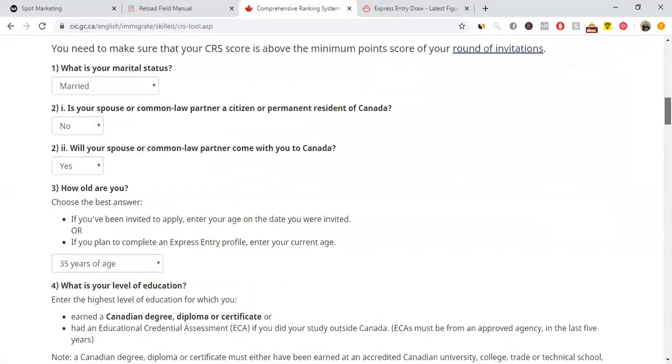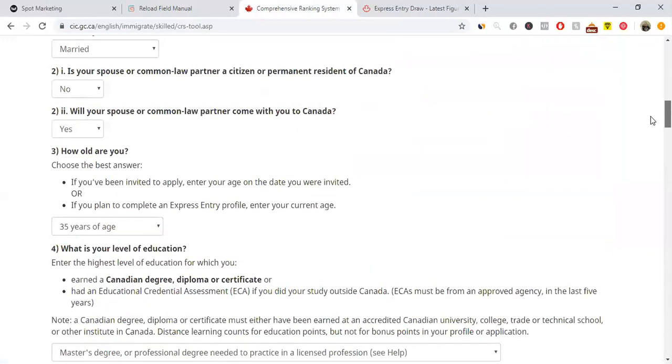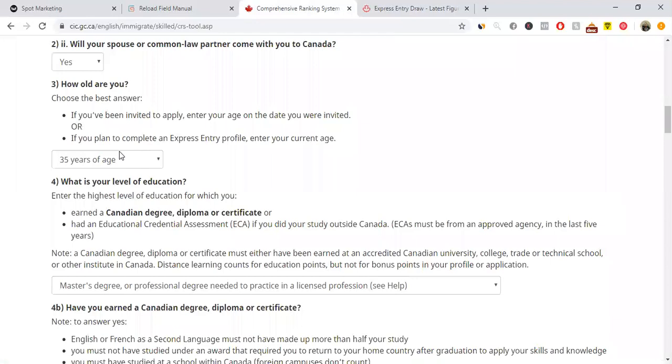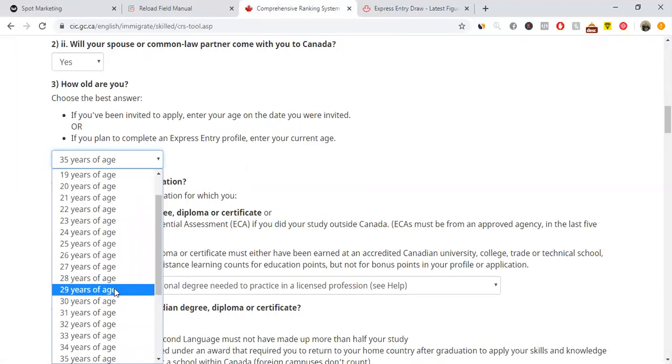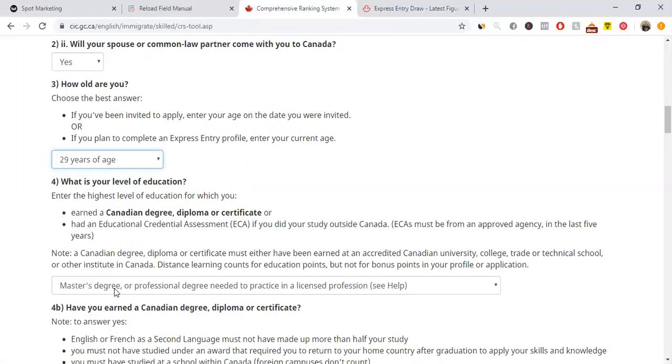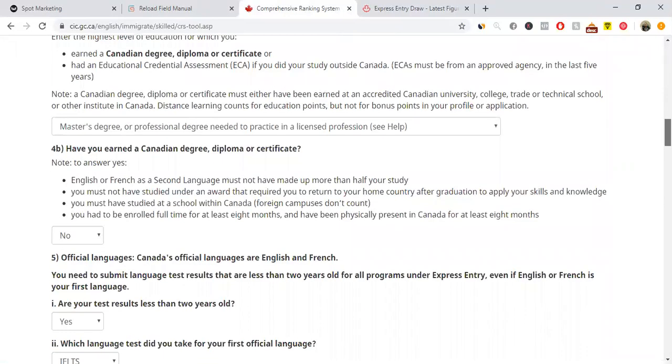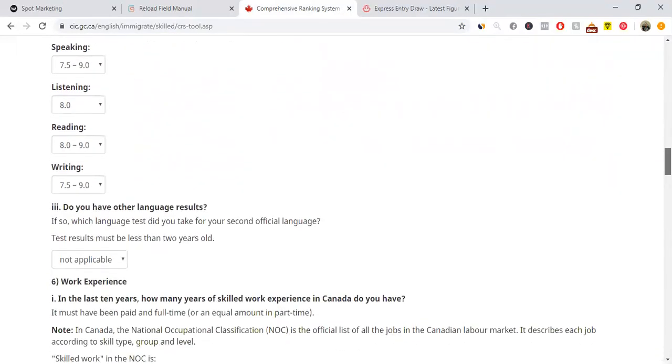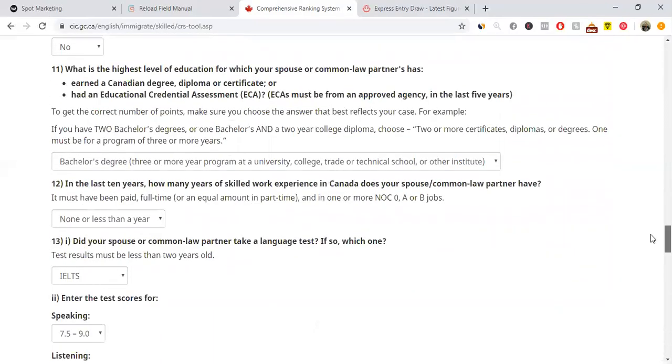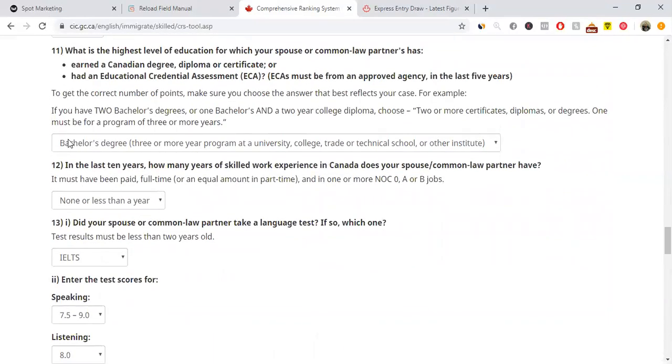So let's now change the age. If I come down here and put the age at, let's say the partner is 29 at the time of applying. So she's 29 years old and she has a master's, or she has gone ahead to go for a master's program. And she has this score, and the husband also has this score.